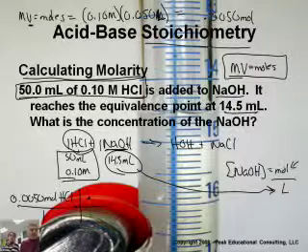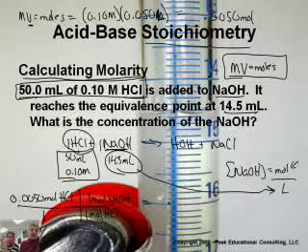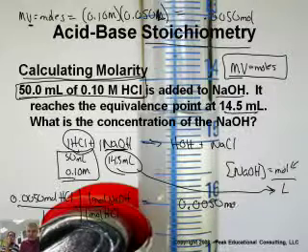It was 1 to 1. I think it's balanced, but it's 1 mole of HCl to 1 mole of NaOH. So we have the same number of moles. It turns out to be the same number of moles of NaOH. So it's 0.0050 moles divided by, now watch how I do this fast, 0.0145 liters of NaOH.